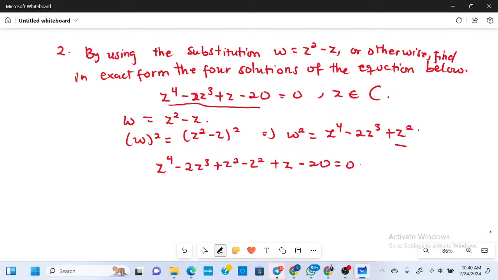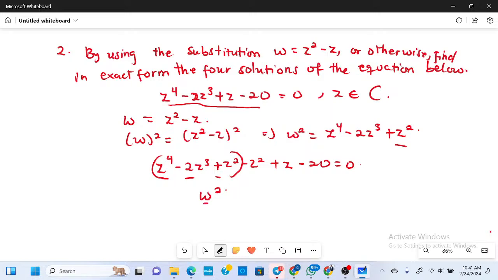So at this point, I want to make my substitution here. I'll have the Z to the power 4 minus 2Z cubed plus Z squared to be replaced as our W squared. So when I want to factorize, this whole section has been represented as W squared here.